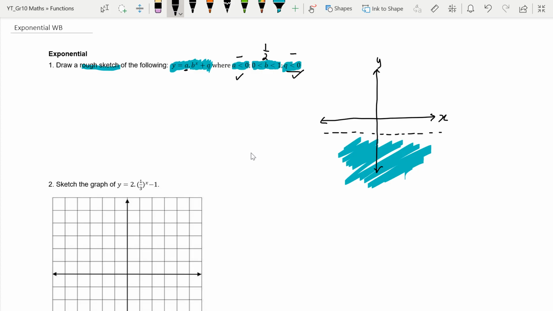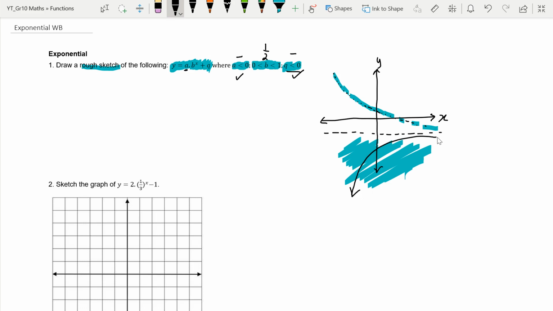And then when my b is a fraction, it means that my graph will be a decreasing curve like that. Okay, but we just said that it will be below the asymptote. So why am I drawing that one in? Well, I'm just making it easier for myself. When this one is decreasing like that, the curve that would be below the asymptote is a mirror image, reflected about that asymptote.